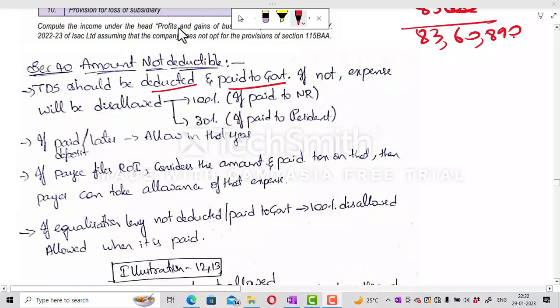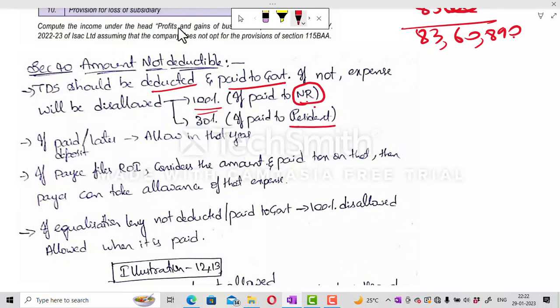There is a rule that while making some expenses, we have to deduct and pay the TDS to the government, but they did not deduct or pay to the government. In any of these cases, we have to disallow some expenses. If the payee is a non-resident, 100% deduction is not allowed, meaning we have to disallow 100% of the expenditure.